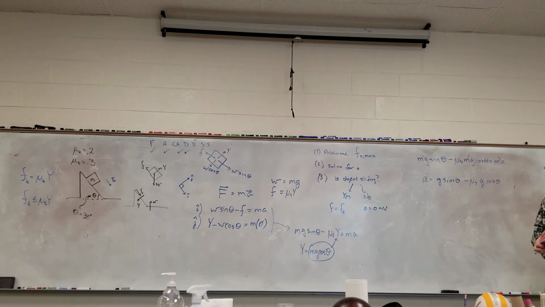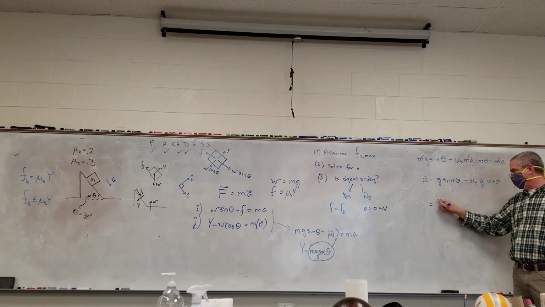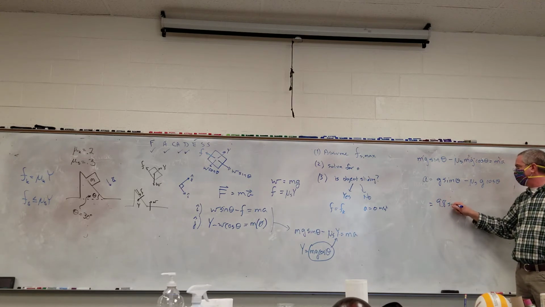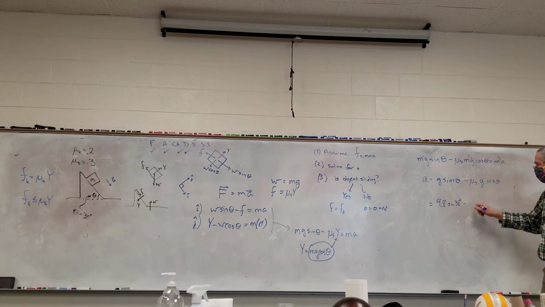At this point, we can plug and chug. 9.8 times the sine of 30 degrees minus 0.3 times 9.8 times the cosine of 30 degrees.